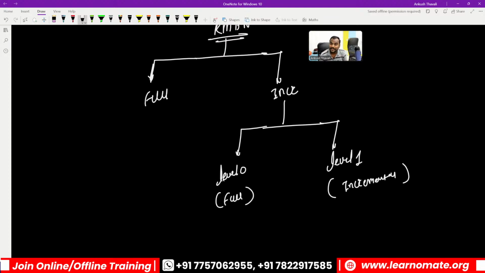Even though it is level 0, it is part of your incremental backup only. So if someone asks for a full database backup, you can go with the level 0 backup. If someone asks you to take an incremental backup, then you can go with the level 1 backup. Incremental level 0, incremental level 1.